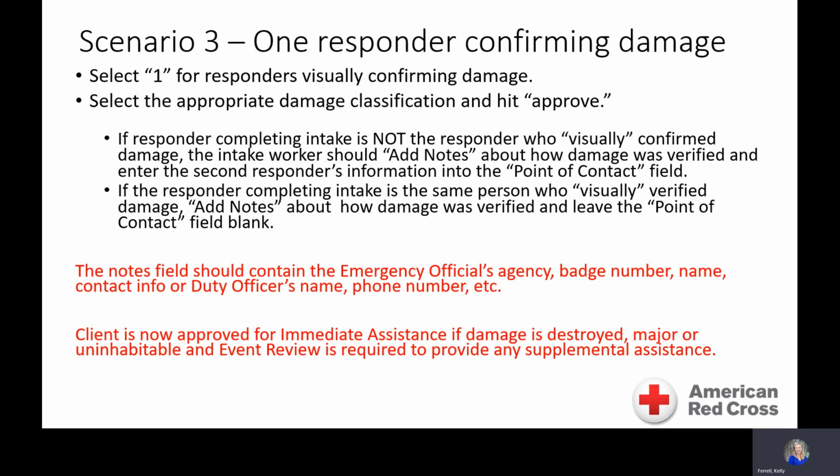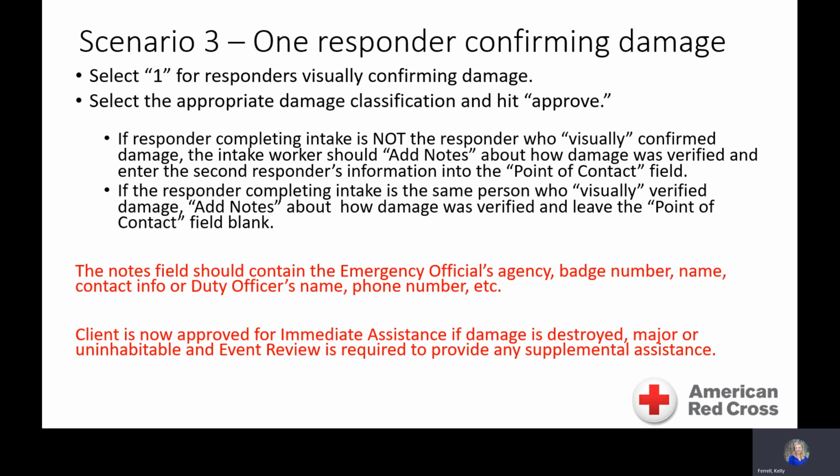And if the responder completing the intake is not the responder who visually confirmed the damage, the intake worker should add notes about how damage was verified and enter the second responder's information in the point of contact field. If the responder completing intake is the same person who visually verified the damage, we would add notes about how damage was verified, but leave the point of contact field blank.